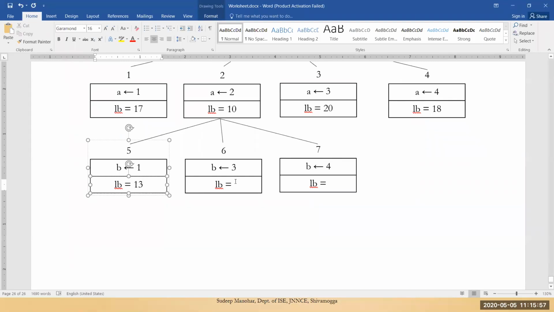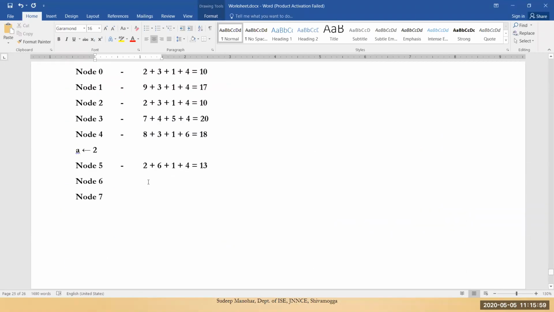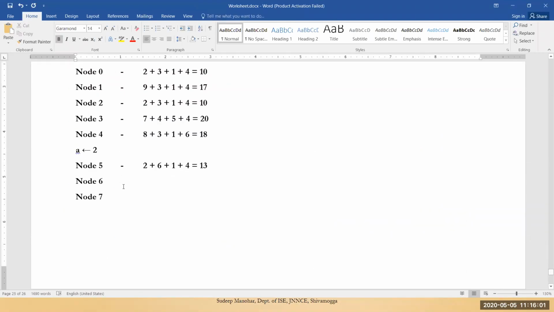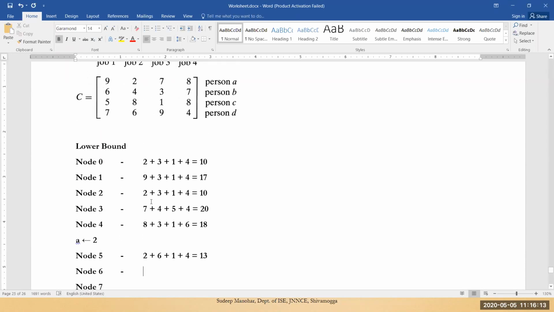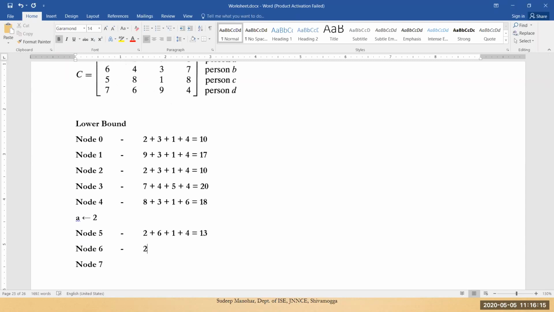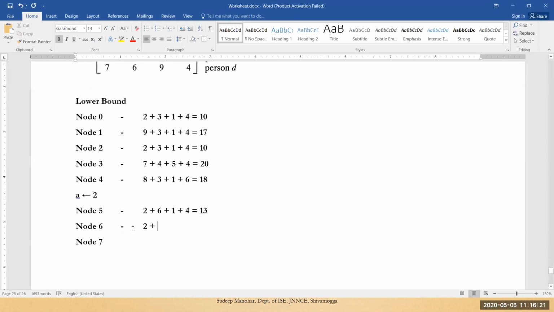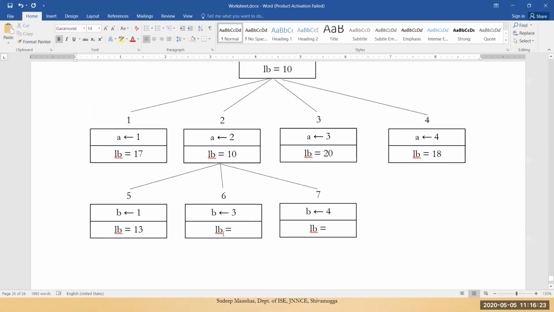B is allotted with 3. Node number 6, B is allotted with 3. So person A is allotted with job 2, that is for person A. Then for person B, the next option, we are in this node, that means B is allotted with 3.